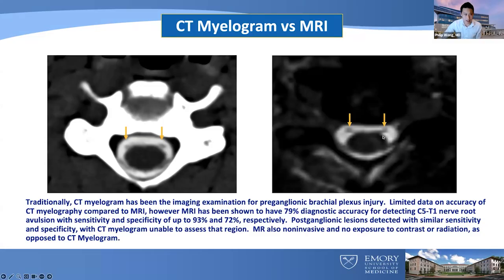If you have an inconclusive MR myelogram, then it's reasonable to go for CT. But we usually stick to MR. You can see the comparison here with CT on the left, MR on the right, and you can see the arrows pointing to those ventral rootlets, which will eventually form the ventral primary rami or the nerve roots that form the brachial plexus.